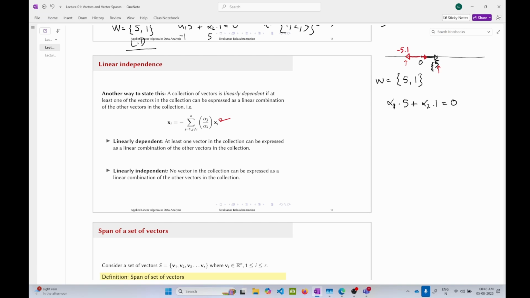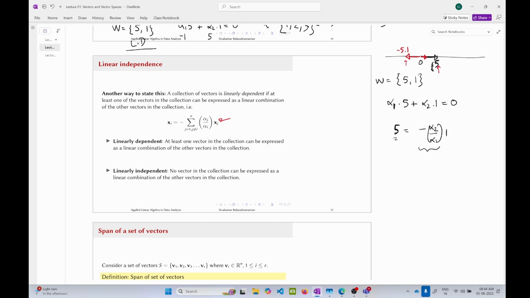So that means now I can express 5 by appropriately choosing alpha 2 and alpha 1. I can get 5 just from 1. I do not need 5. I could have produced 5 through a linear combination with just 1. So that's essentially what it means.